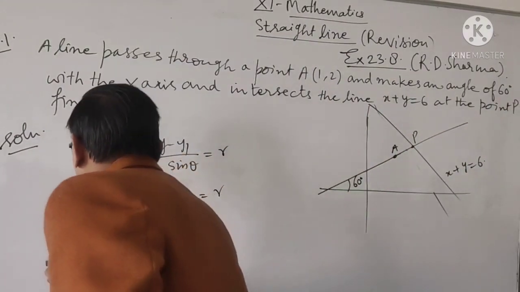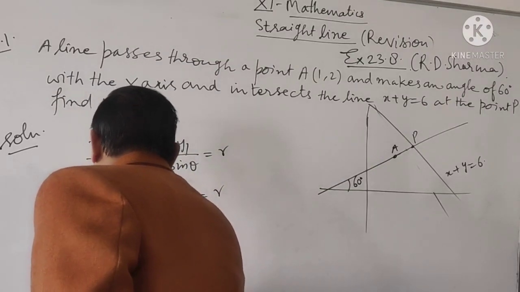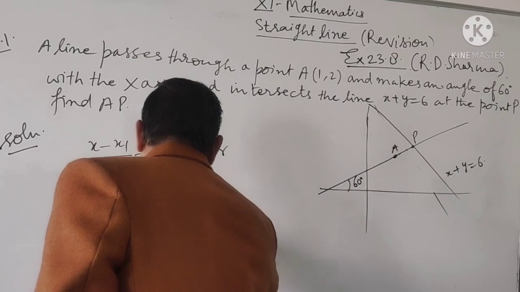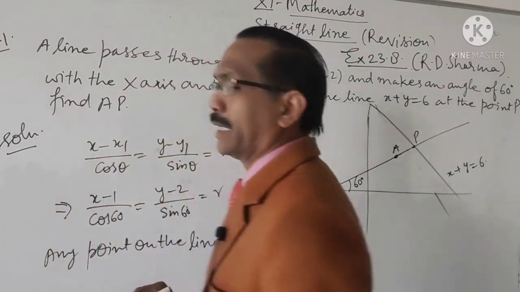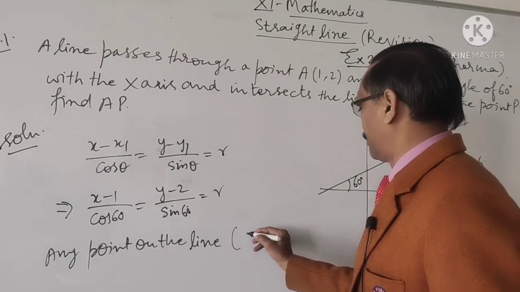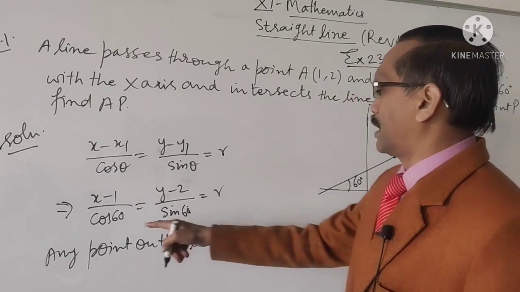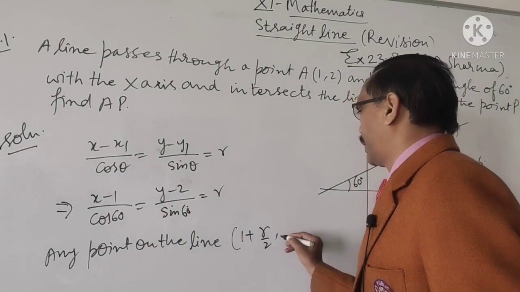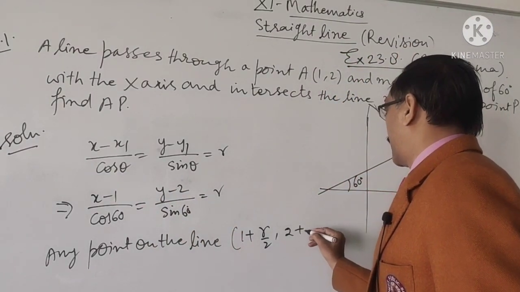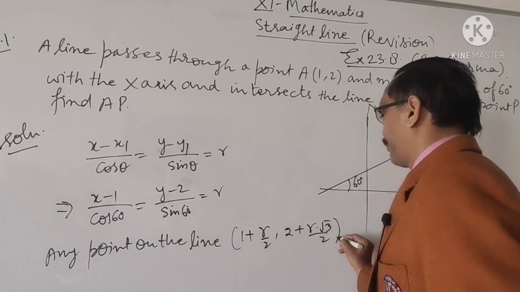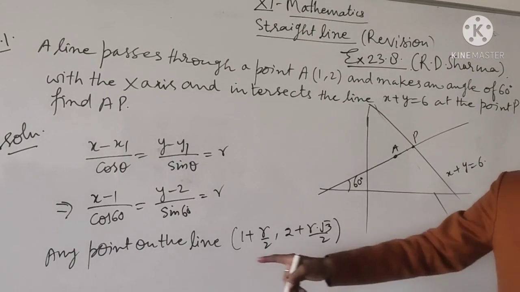So any point on the line, that is 1 plus r cos 60, which is 1 plus r by 2, and 2 plus r root 3 by 2. It is any point on the line.